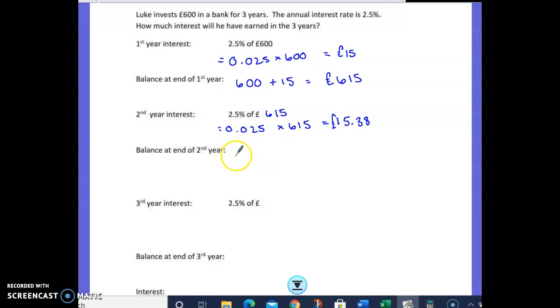So the end of the second year, we had 615. We've now got an extra £15 and 38 pence. Altogether, we have £630 and 38 pence. Third year, we'll do the same again, but this time we're finding 2.5% of £630 and 38 pence. Same way as before.